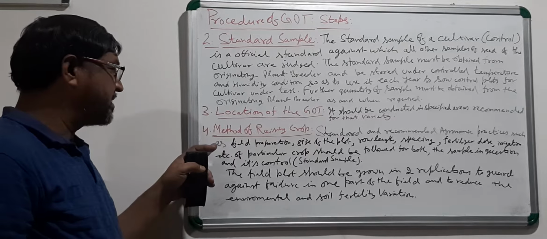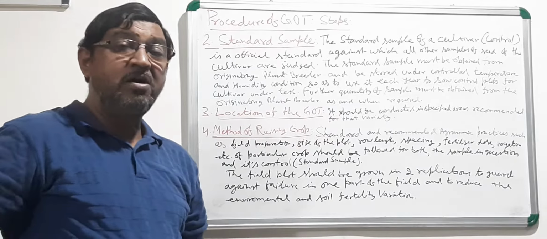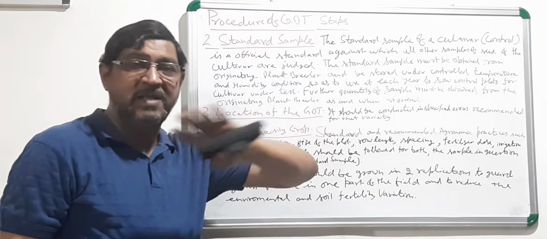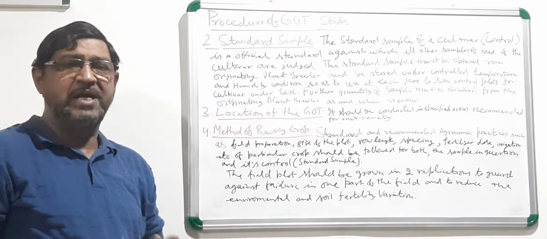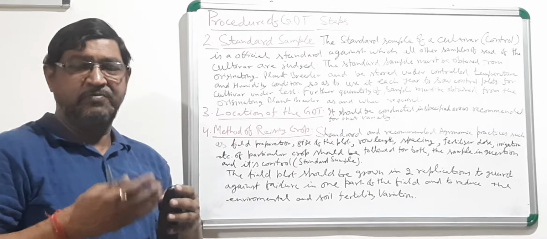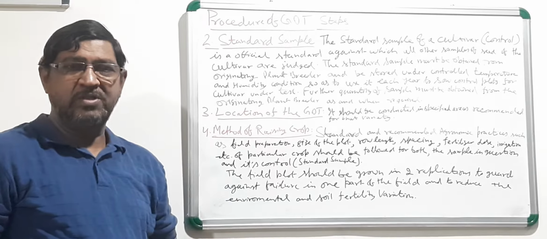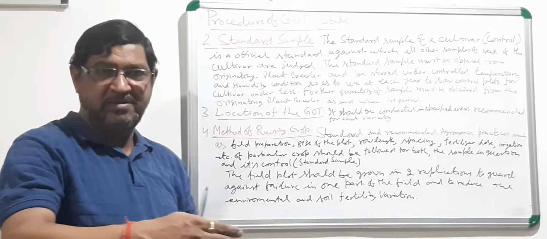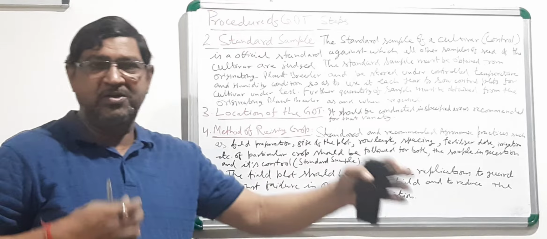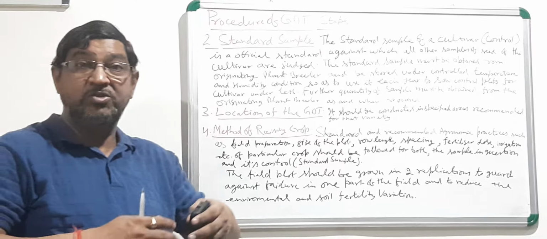Now come to the fourth point, method of raising crop. How are you going to raise it? The simple thing: all agronomic practices for that particular crop that have been recommended for that area, you have to use only that. Whatever you talk about the field preparation, the seed rate, the spacing, plant to plant, row to row, the row length, the fertilizer dose, the irrigation, even the sowing time.